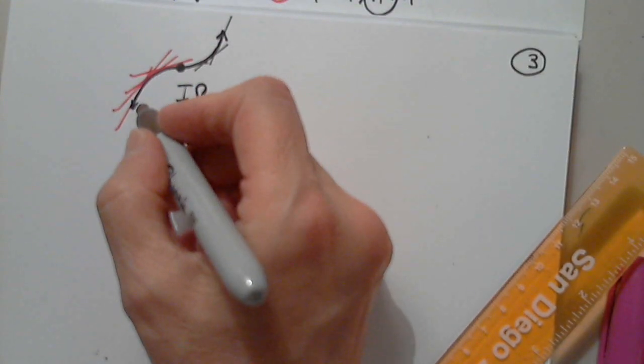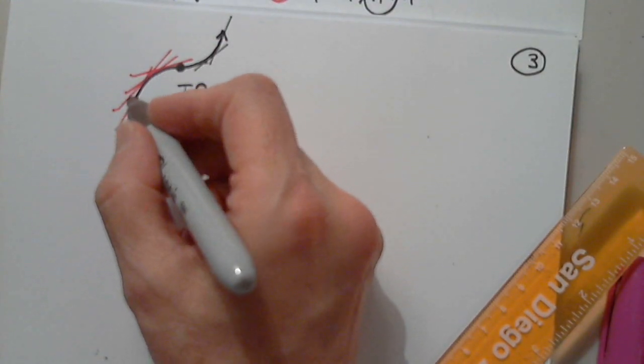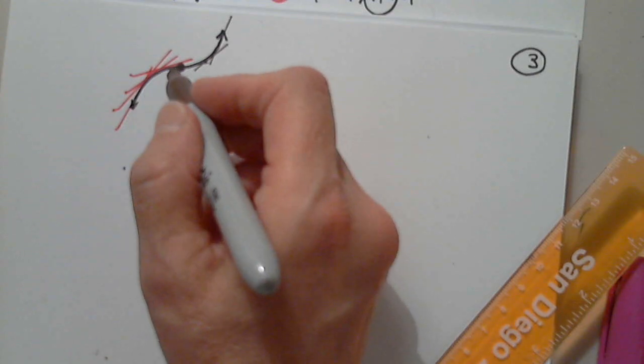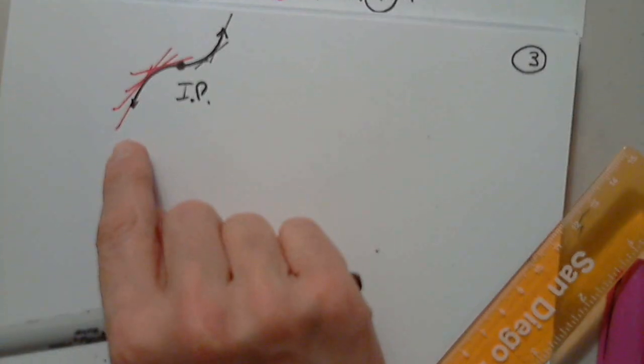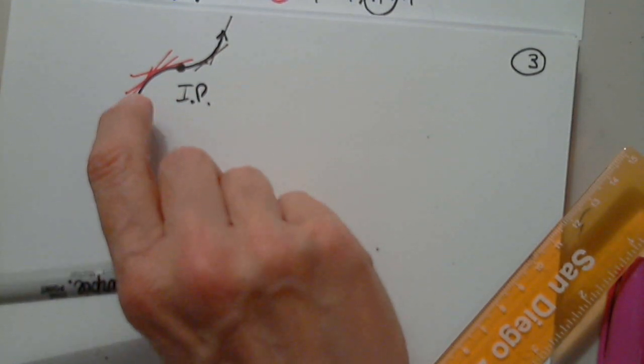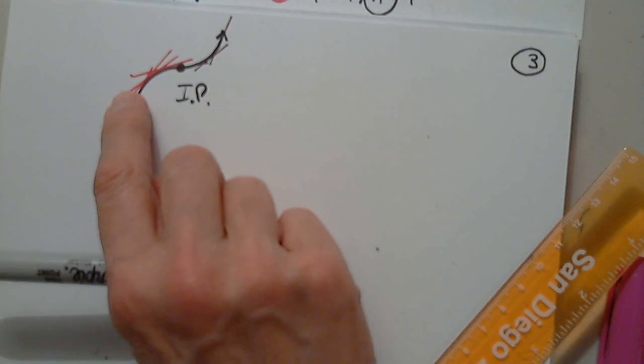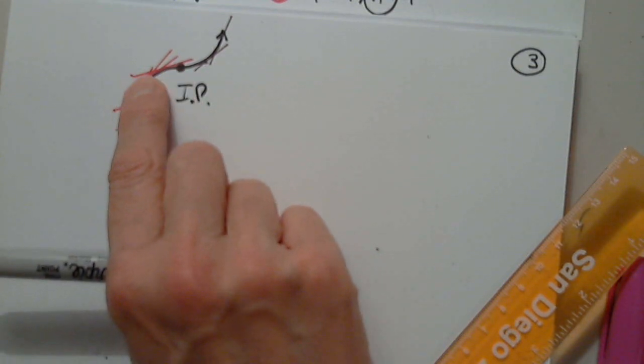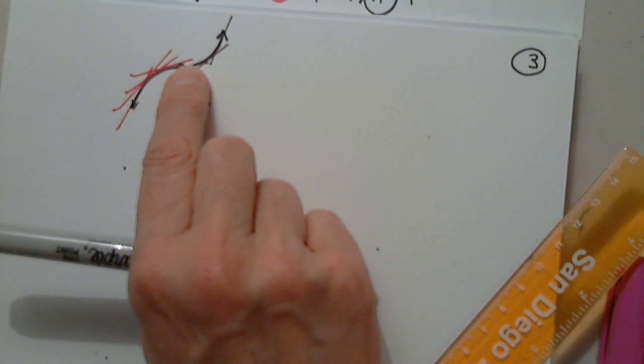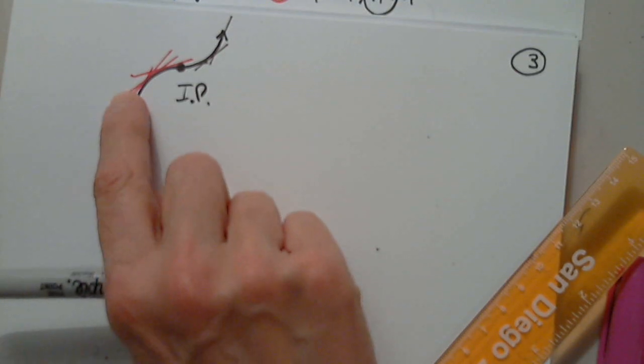So the function opens down. It's concave downward. What can you say about the slope of the tangent line? So this is the first tangent line, this is the second tangent line, this is the third tangent line, and this is the fourth tangent line. What happens to the slope of these tangent lines? Are they increasing or decreasing?